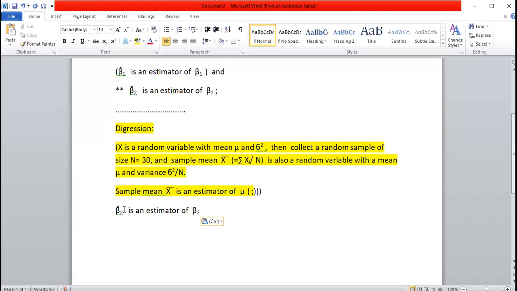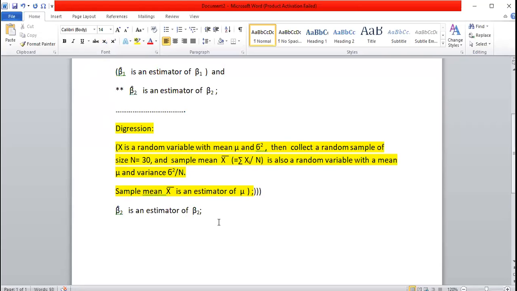Anyway, so if beta 2 hat is an estimator of beta 2, then beta 2 hat is also a random variable. Now, if that is a random variable, then our fundamental question is, can it represent beta 2?